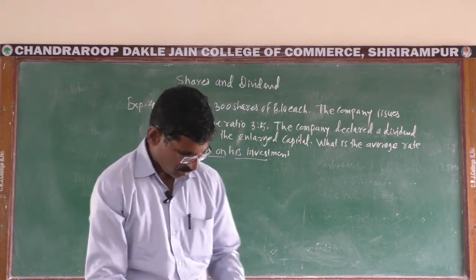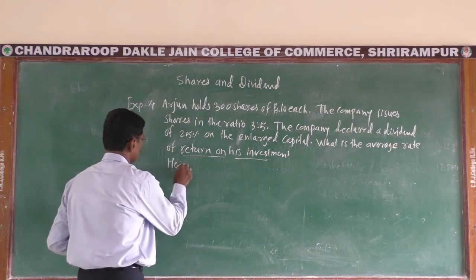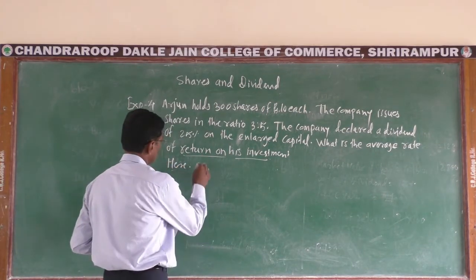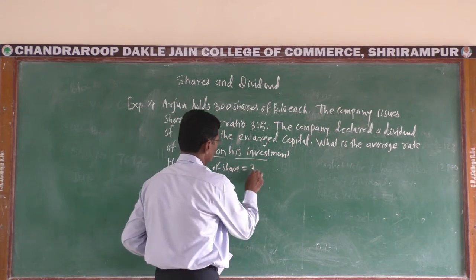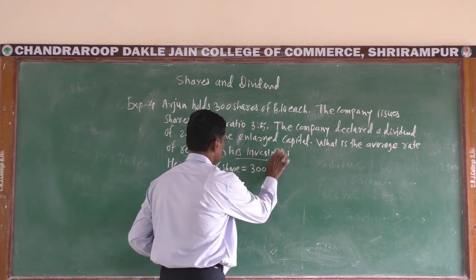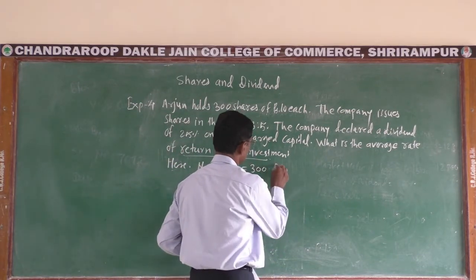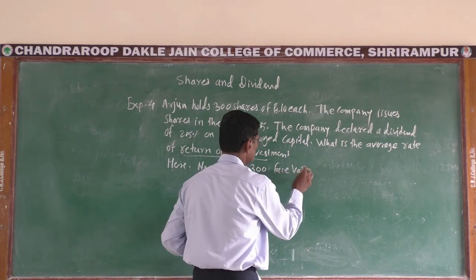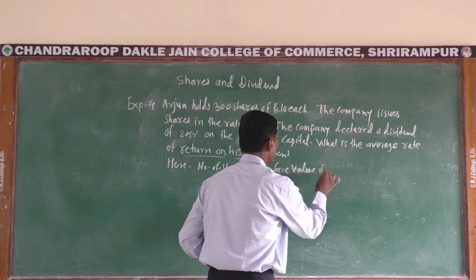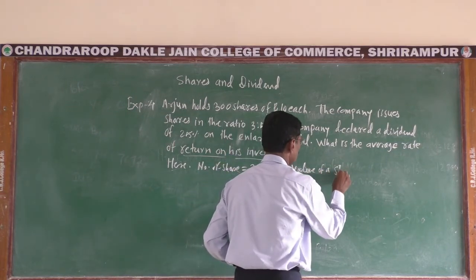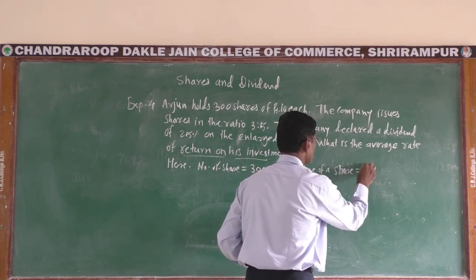Here, first, number of shares is equal to 300 shares. Then the face value of each share is equal to rupees 10.